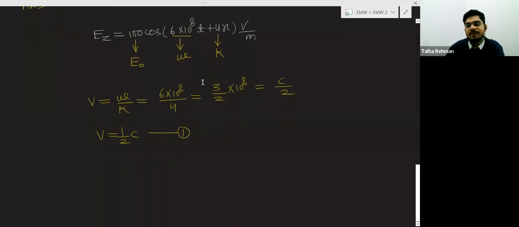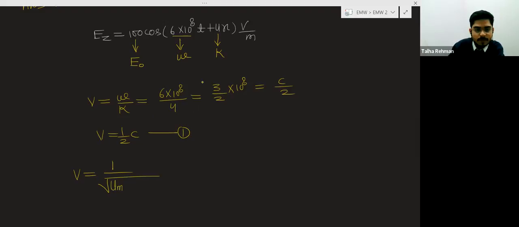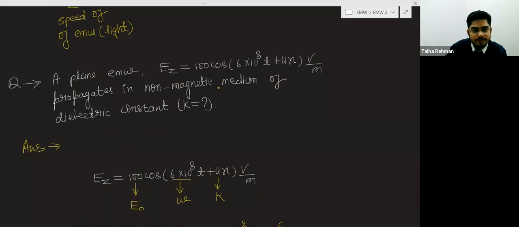Now this wave is traveling in some medium. So we can write that speed of this wave is given by 1 upon the square root of permeability of this medium times permittivity of this medium. It is given that it is a non-magnetic medium.